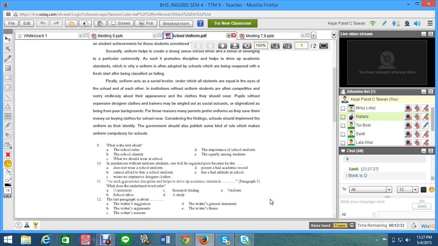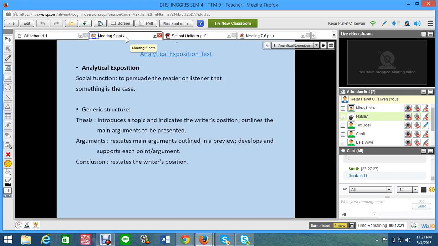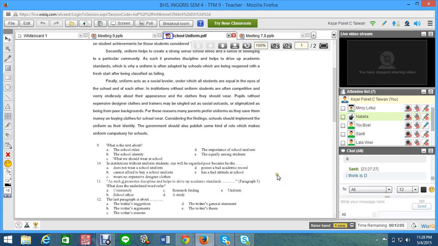Ya, D, that's correct. D, karena ada restate. Jadi ini statement. The writer's general statement. Okay, you see? State. Restate the writer's position. The writer's position means the statements. States, pernyataan, restate, menyatakan kembali. So it means regarding to the statements. It should be D.